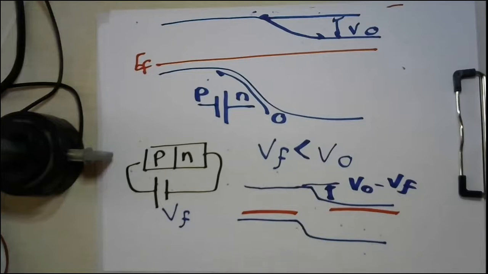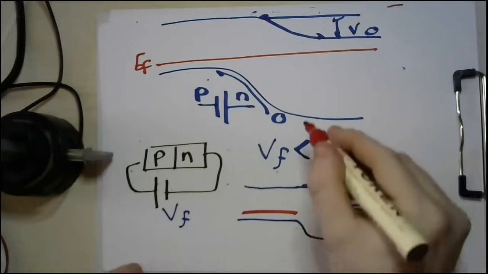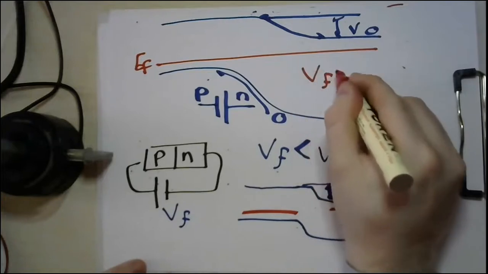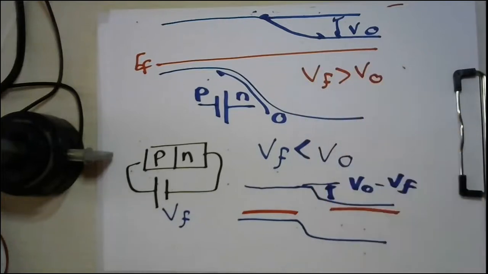Then, what if this voltage is greater than V node? In this case, my dear students, this barrier will be switched into the other side. So let me better make it in a new slide.